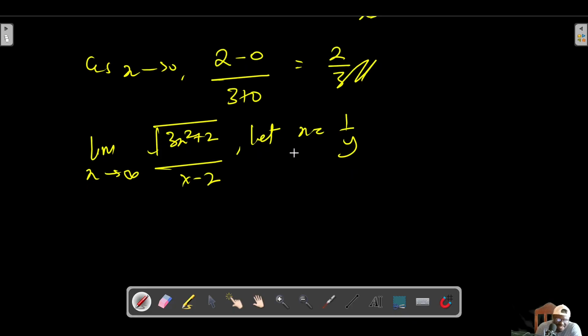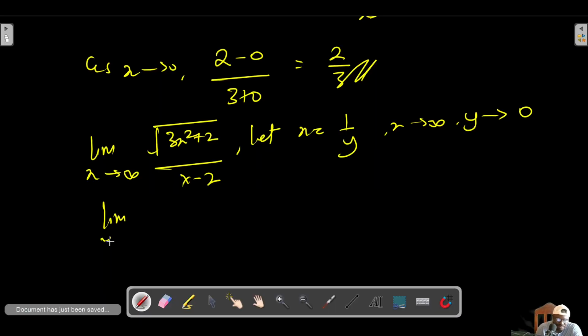So wherever I see x, I substitute in 1 over y. But mind you, as x is approaching infinity, our y would approach 0 because y is equal to 1 over x. So when you put in infinity in place of x, you get 0. The limit as y is approaching 0.